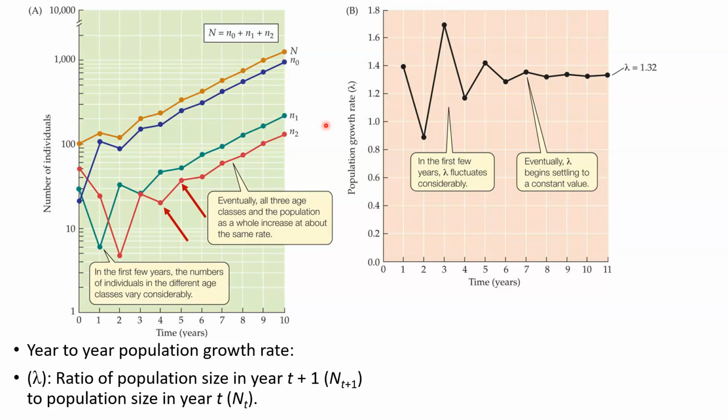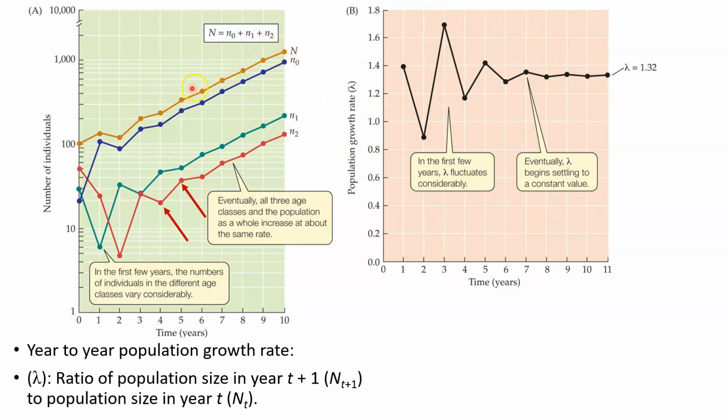But for all three of them, in early years, we clearly see considerable variations in growth rate. They are kind of all over the place. But after a while, it stabilizes, and all three curves are increasing at a very similar rate. Since those curves in this area are parallel to each other, clearly that's evidence that after initial fluctuations, all three age classes are now growing at the same rate.